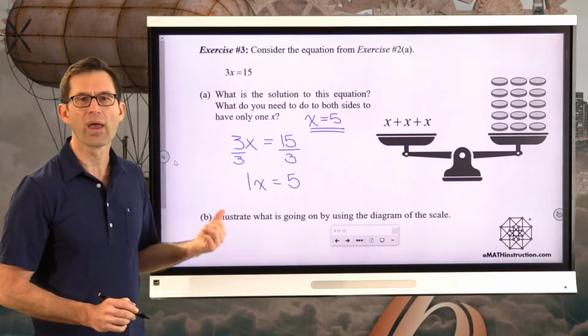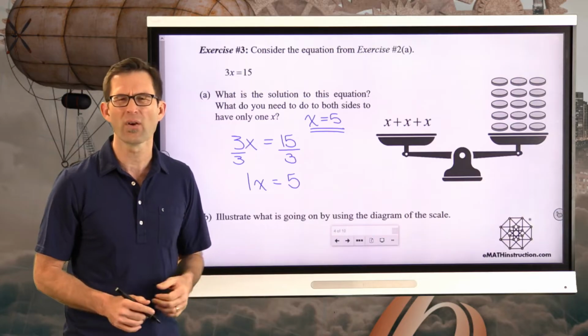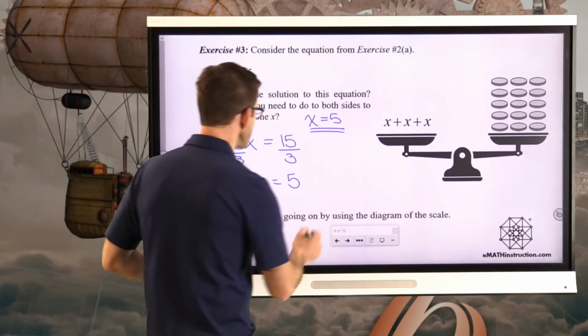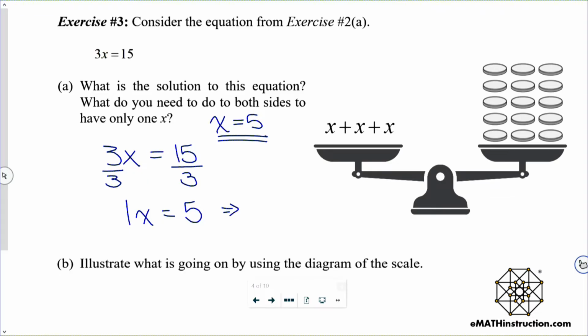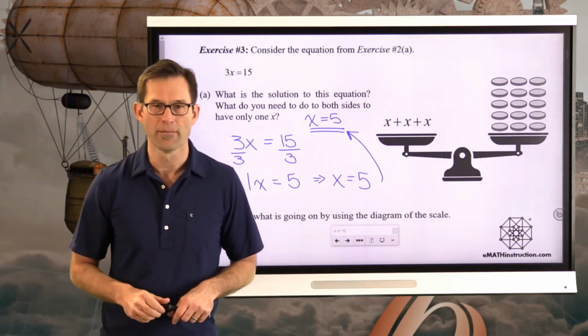Now it's pretty rare that we actually want to write 1x equals 5, just because it looks weird and that 1 could be confused with something else. So 1 times x equals 5 is just x equals 5. That's exactly what we did. So we just needed to divide both sides of the equation by 3.